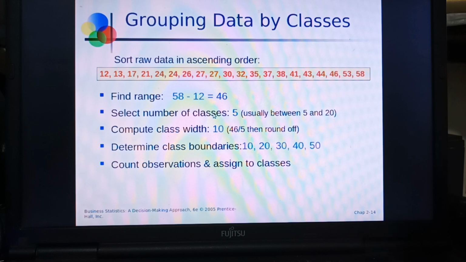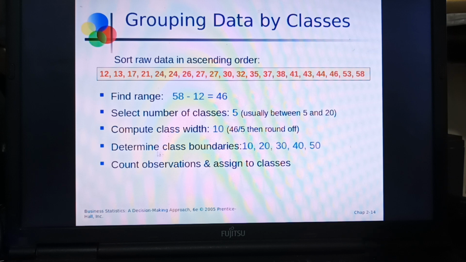Sometimes it could be 6 or 7 or 8, or as it says here, between 5 to 20, depending on the volume of data. Then compute class width. Then round off. Class width, unsa ka lapad ang class.